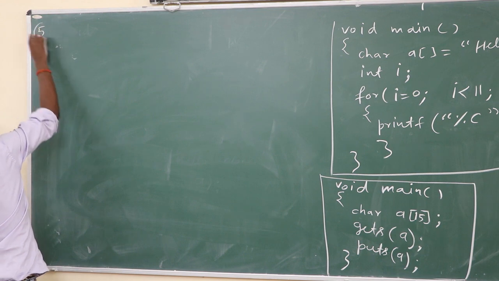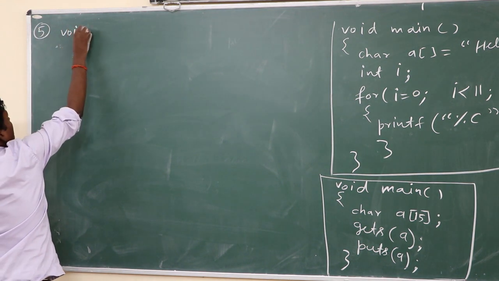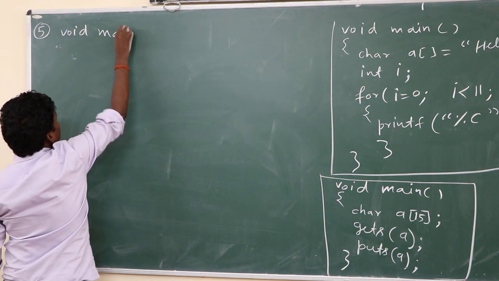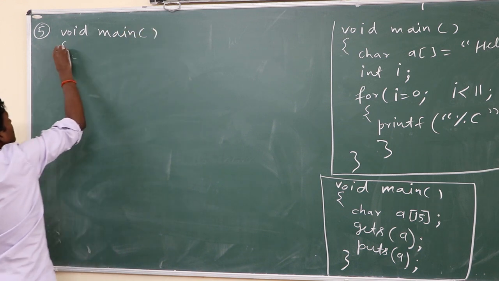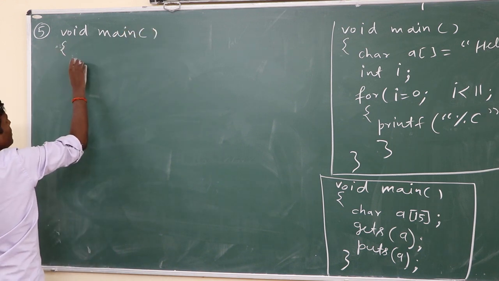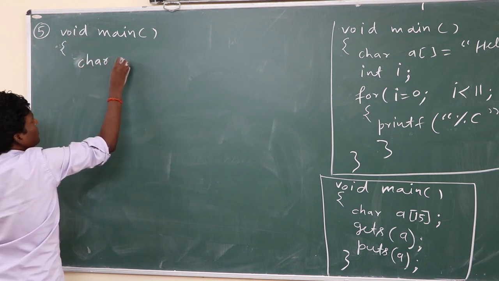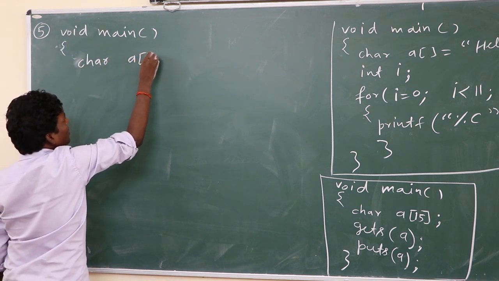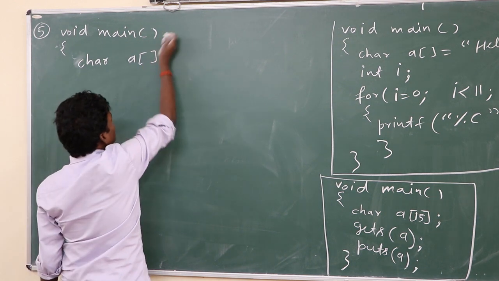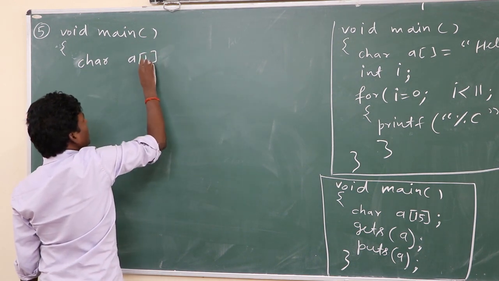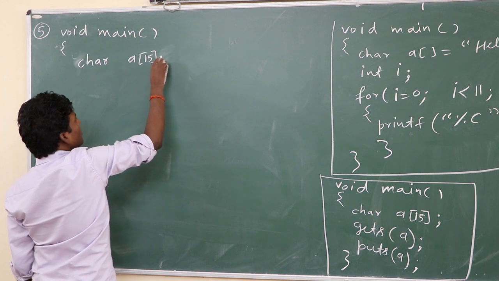The fifth method is void main, char a[15].